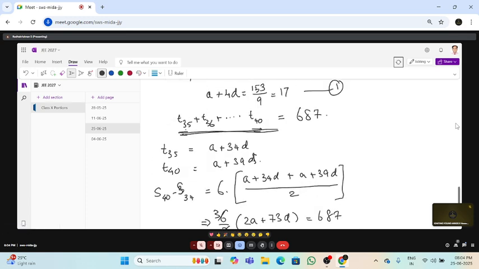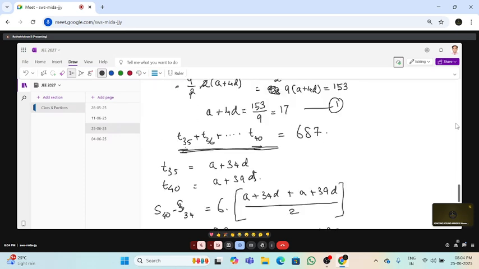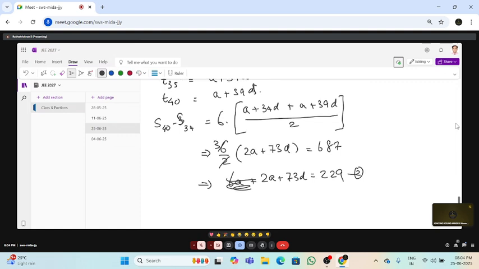So we have one equation which is A plus 4D equal to 17. That was our equation 1. And now we are getting 2A plus 73D equal to 229. Right, now you can solve for A and D from this.